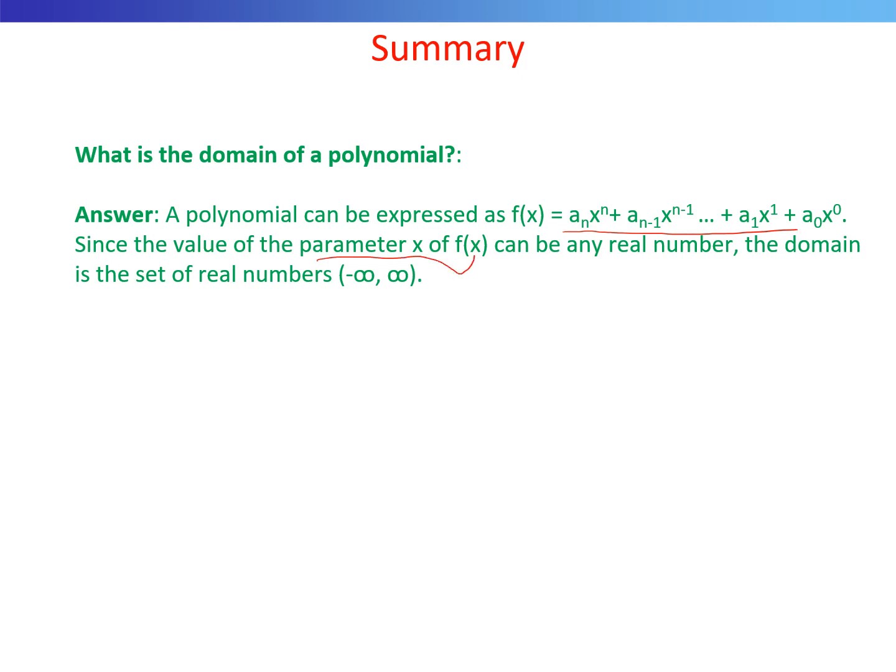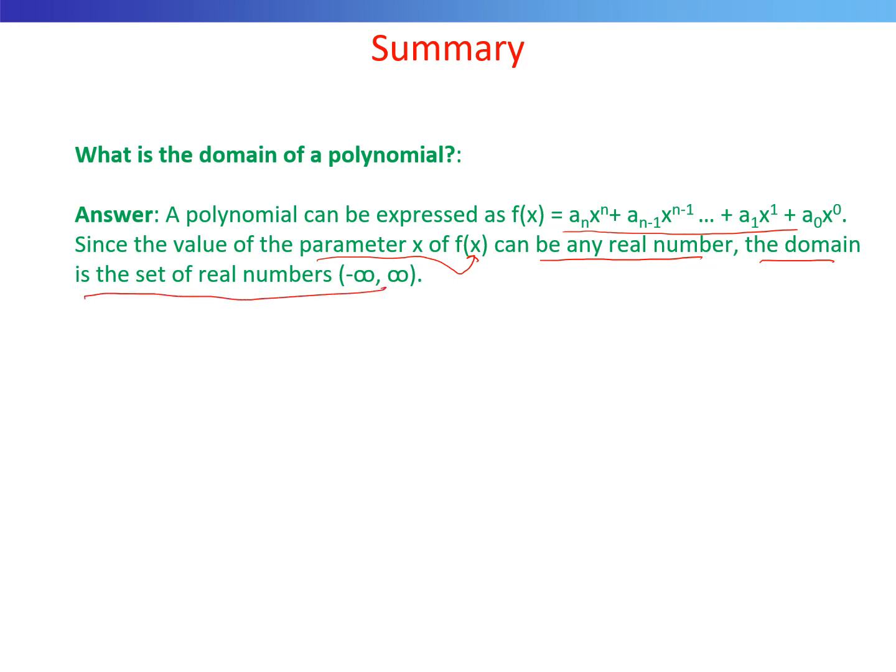The input to the polynomial can be any real number. And since the inputs to functions come from what's known as the domain, and we said that the input to the polynomial is from the set of real numbers, then the domain of a polynomial is the set of real numbers.